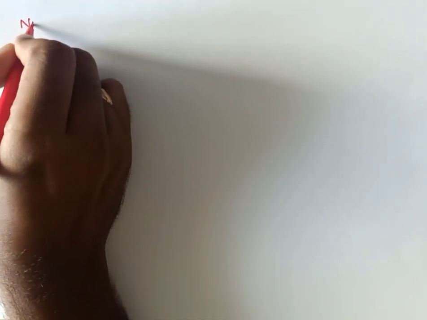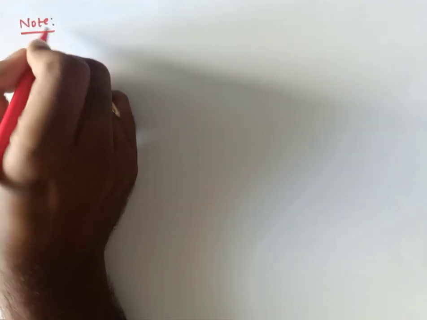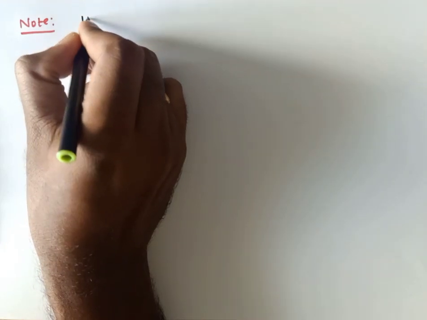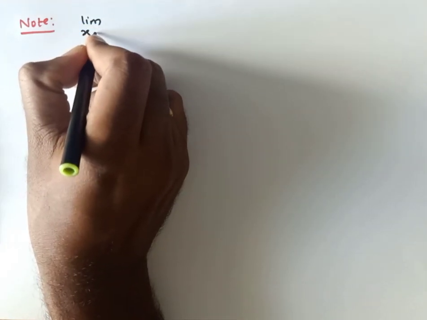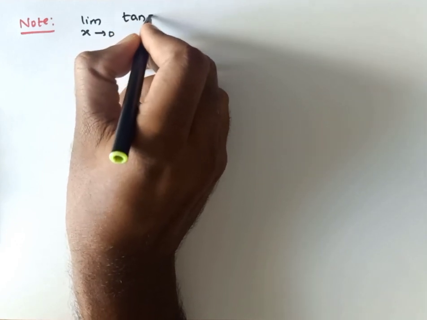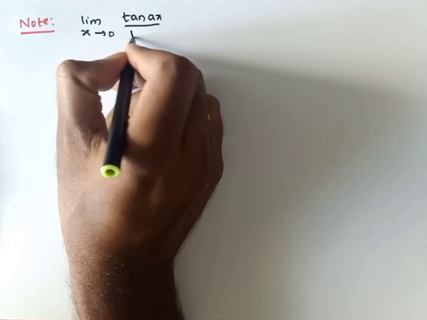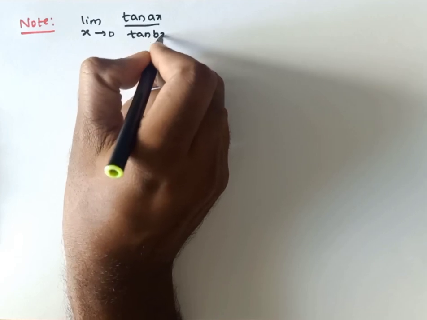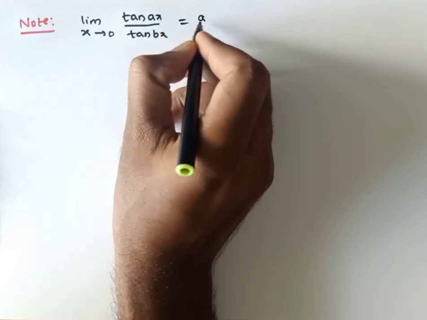Here we can write one note. That is, limit x tends to 0 of tan ax by tan bx is a by b.